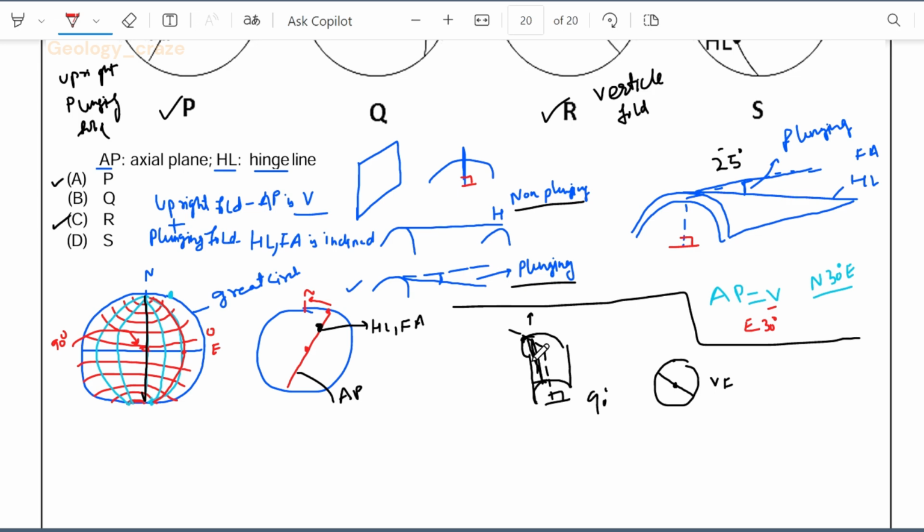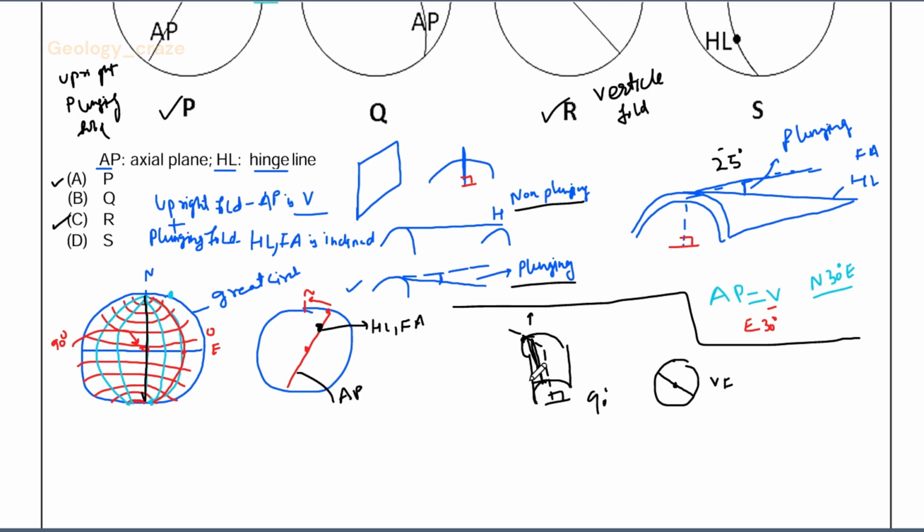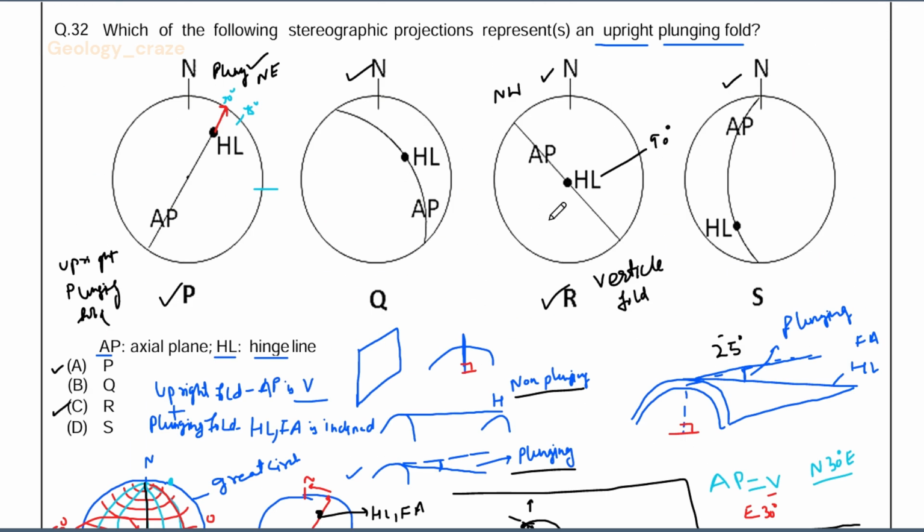Actually it seems like it is in the center, but it is not the center. The center will come somewhere here. Actually it is a reclined fold. What is a reclined fold?